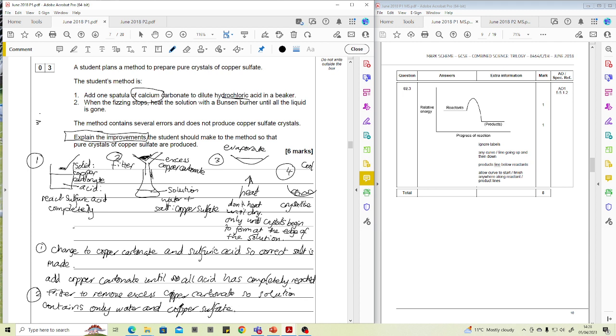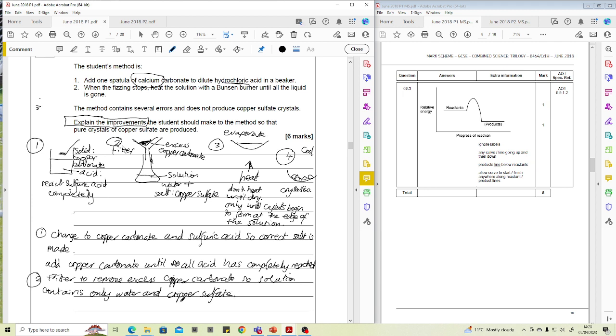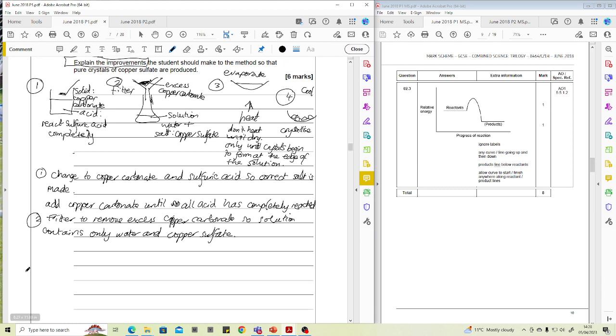Okay, and it says that we've got to filter, so this is the extra steps now. But the evaporation is another extra step that didn't get mentioned. Well, it did, but it was really bad.